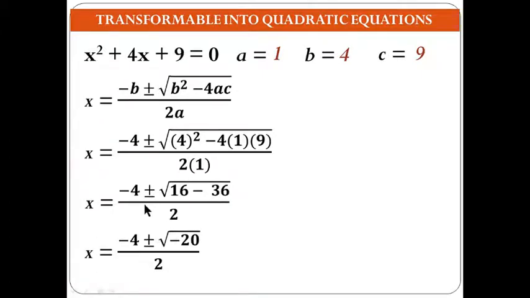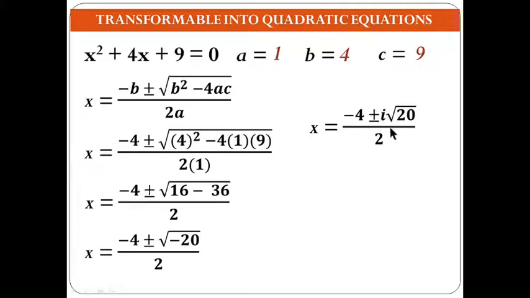So negative 4, positive, negative. 16 minus 36 is negative 20. So take note ng ating radicand ay hindi pwede magiging negative. Kaya ang gagawin natin ay get the product of negative 20. So negative 1 and positive 20. Then yung ating negative ilalabas.